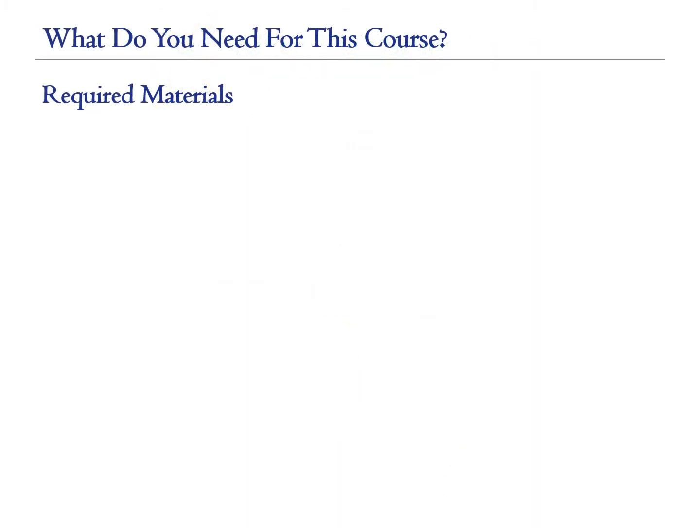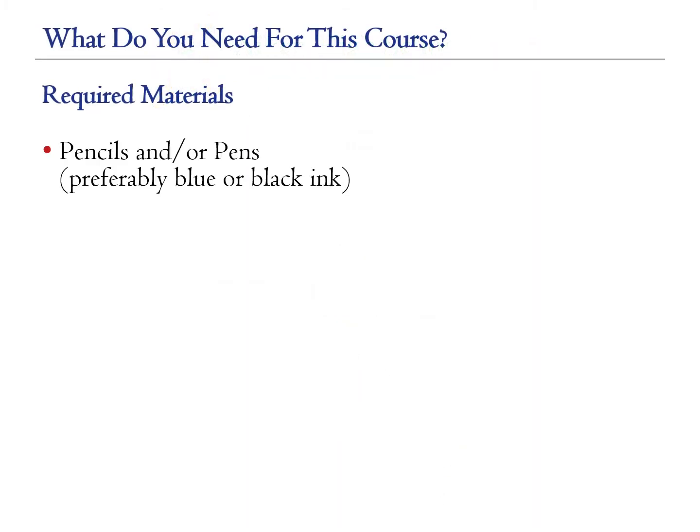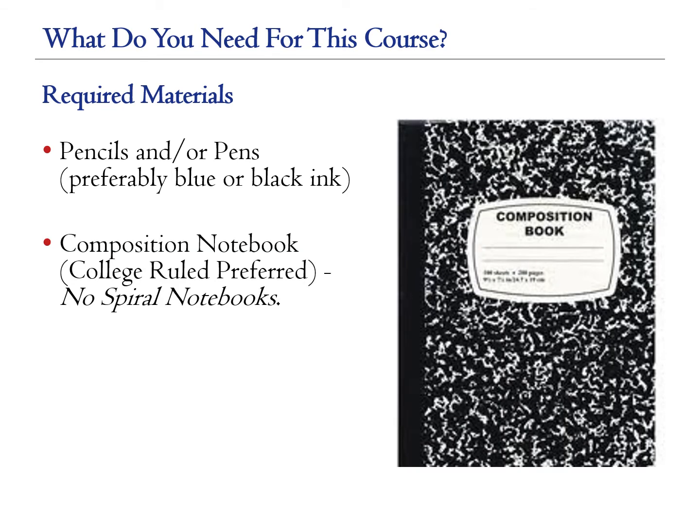Here are the required materials for my courses. Pencils and/or pens. I prefer that students use pencils over pens simply because throughout my courses we will be doing some sketching, and students will want the ability to erase parts of their sketches as they're sketching. Pens obviously do not allow you to do that. If a student chooses to use pens, I prefer they use blue or black ink pens. All students will also need a composition notebook, preferably a college-ruled notebook.